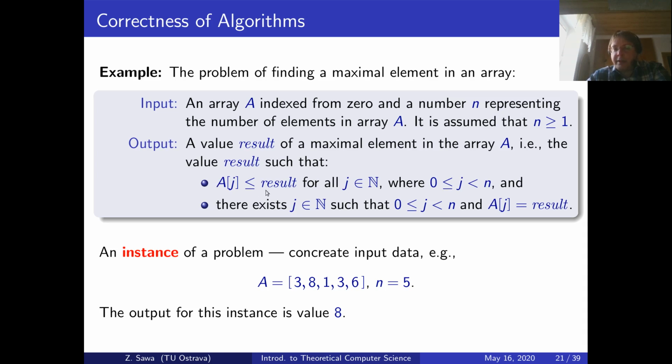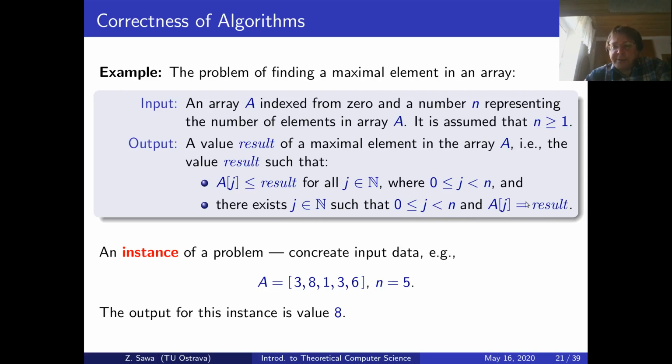First, it should be greater or equal to every element in the array: for every j where j is greater or equal to 0 and strictly less than n, it should hold that A[j] is less or equal to result. Second, the computed value really occurs in the array: there should exist some index j in the array such that the element at this position is equal to result.